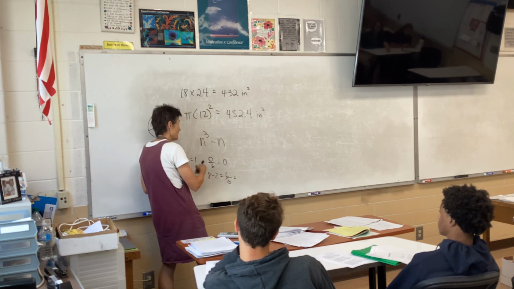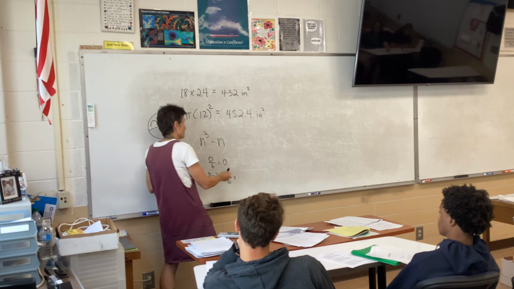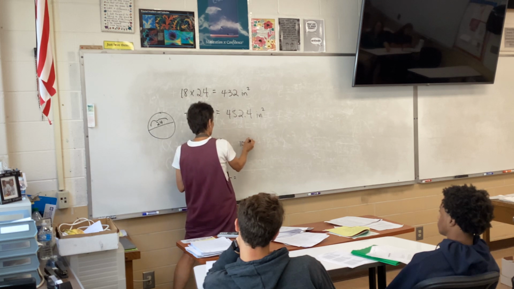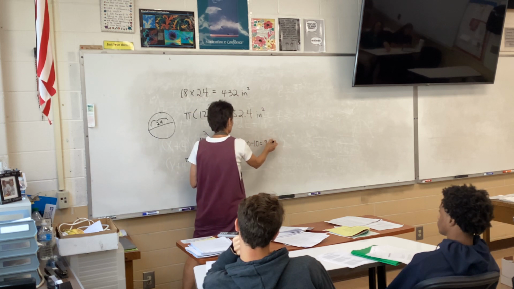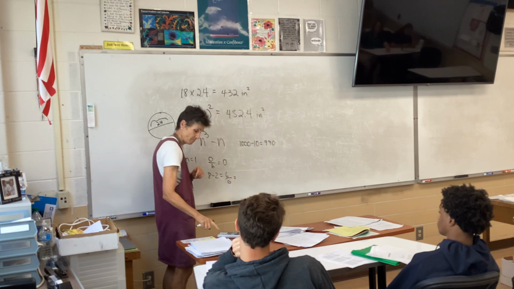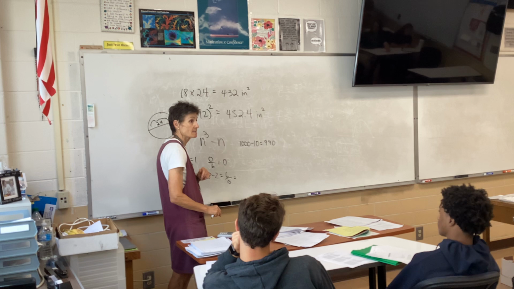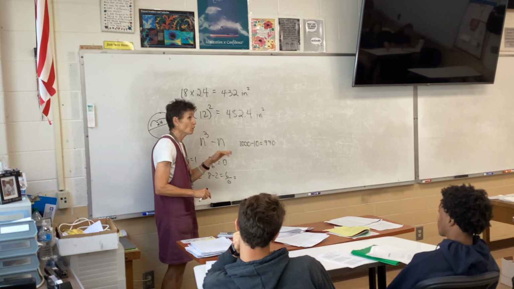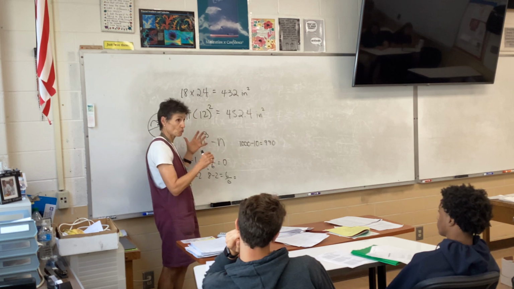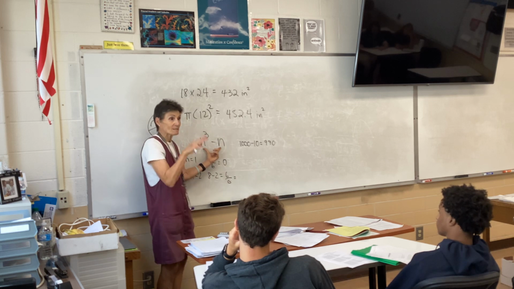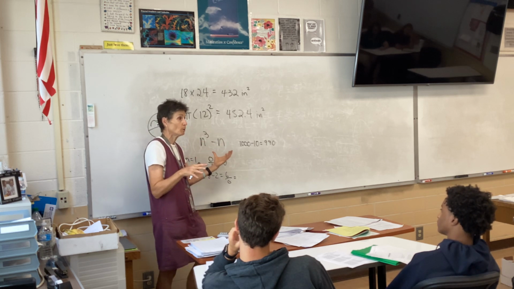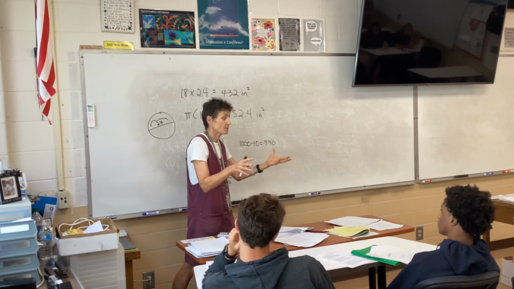Yeah. Let's pick another number. Let's do 10. If we let n be 10, we have 1,000 minus 10 is 990, divided by 6. Yes. So it sure looks like it's true that that will always be divisible by 6 as long as you put in positive integers.